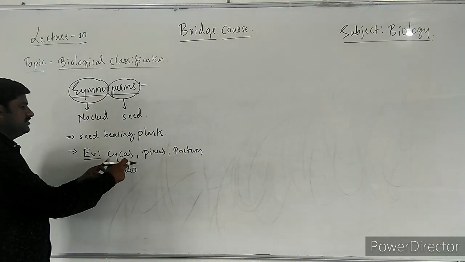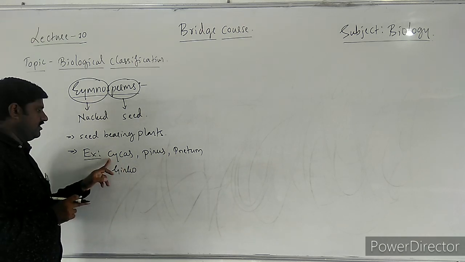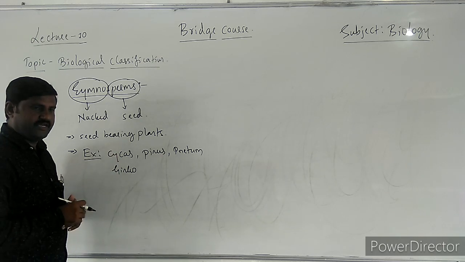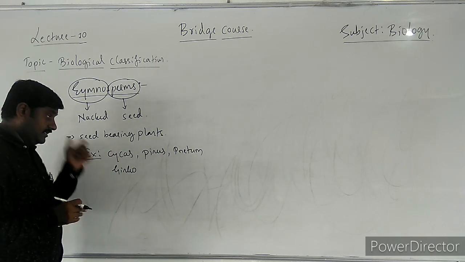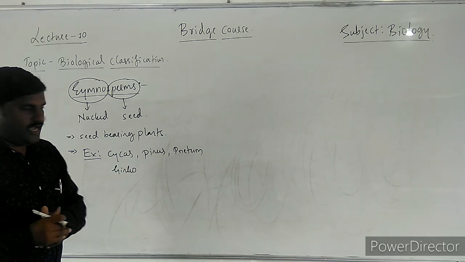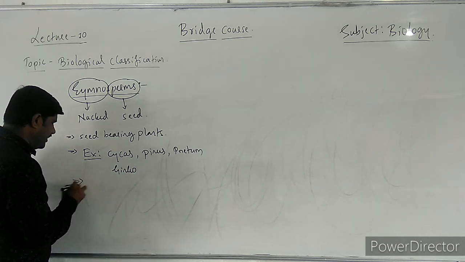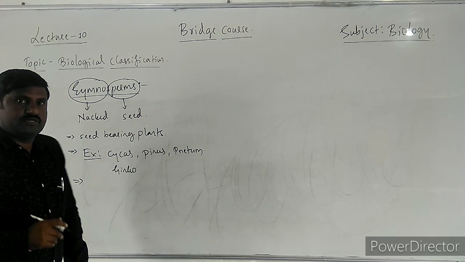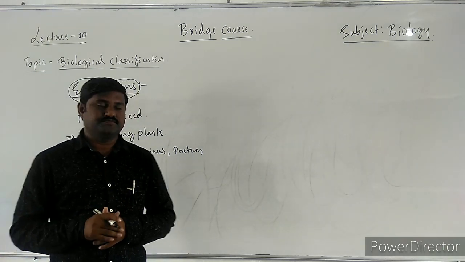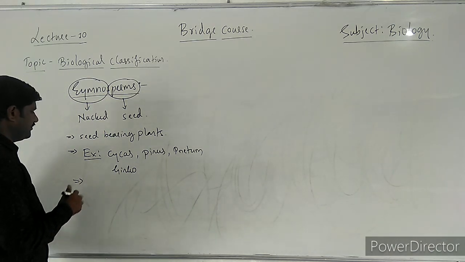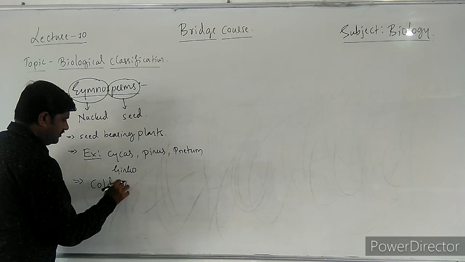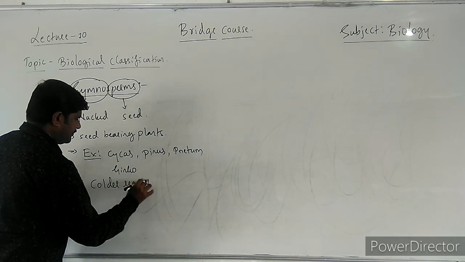As you know the structure of the plant body of these cycas, pinus, you are so familiar with, right? These look as if they are coconut trees, and these are long living plants. They grow for nearly thousands of years, and such plants usually grow in colder regions.